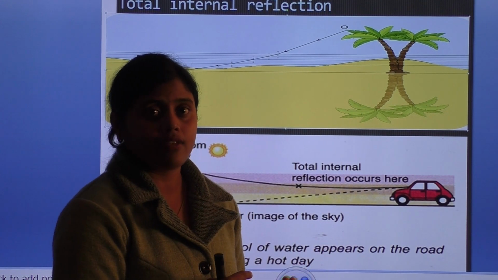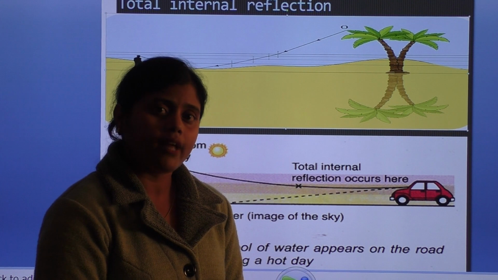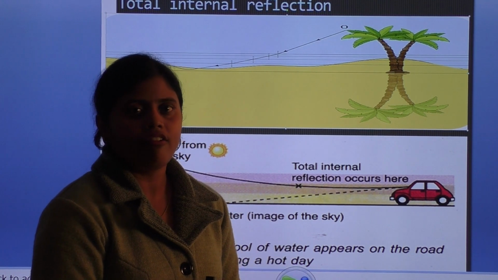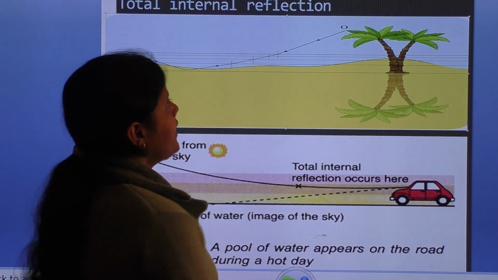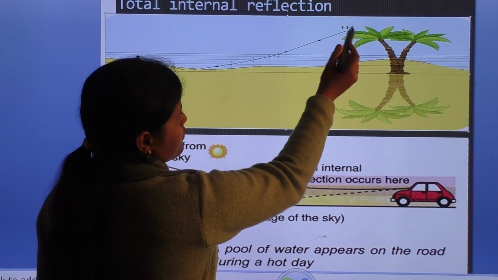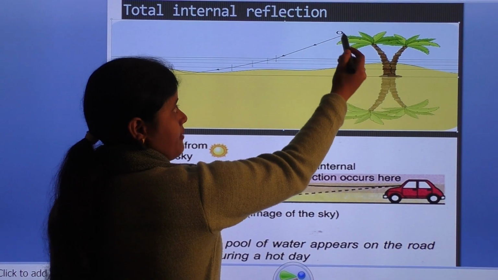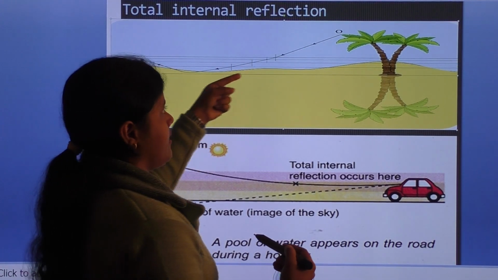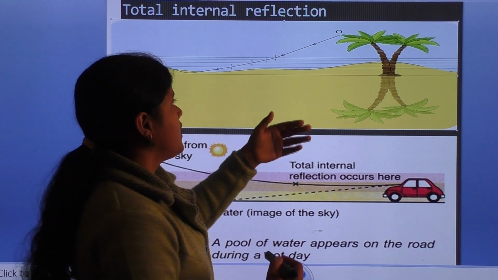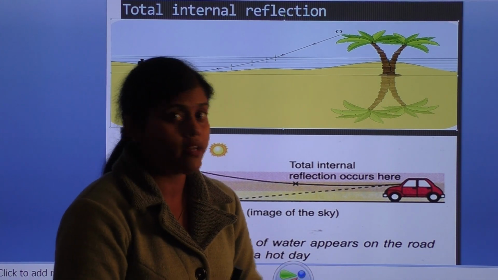Just like in the case of total internal reflection, while going from denser to rarer medium. So when the sunlight falls on the leaves of the tree, and after reflecting back from the tree, this ray travels through this air, it suffers a fluctuation in the density, just like going from denser to a rarer medium.